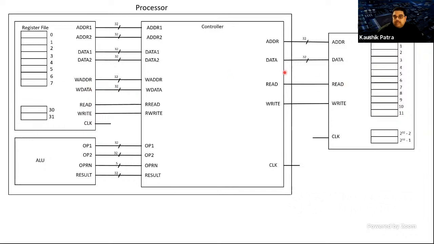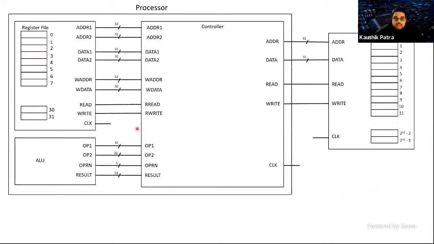Unlike the memory, which has only one single bidirectional data line where either the controller sends the data to the memory or the memory sends the data back to the controller, the register file is a very special type of memory. It has separate data lines for writing and reading. And on top of that, we can read two data values simultaneously from this piece of memory, which we call the register file.